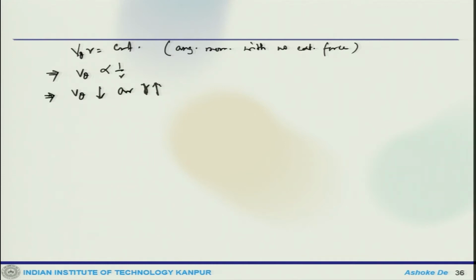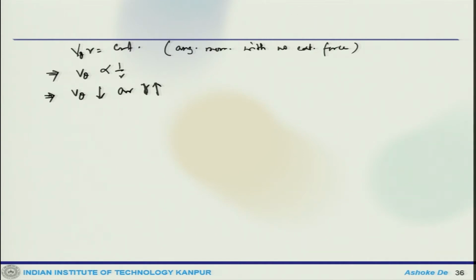So, this is your angular momentum with no external force. Okay. So, this gives you an idea how the V theta actually varies. It is 1 by r, and one can see the V theta will decrease as r goes up. So, the tangential velocity decreases from impeller tip to diffuser vane.